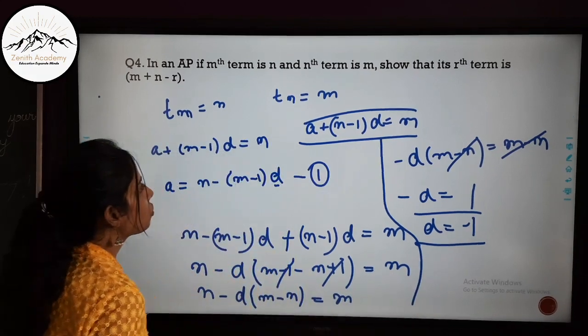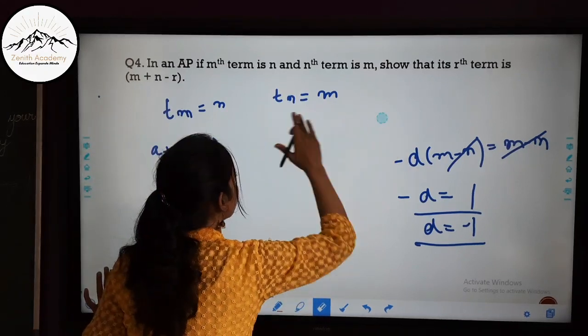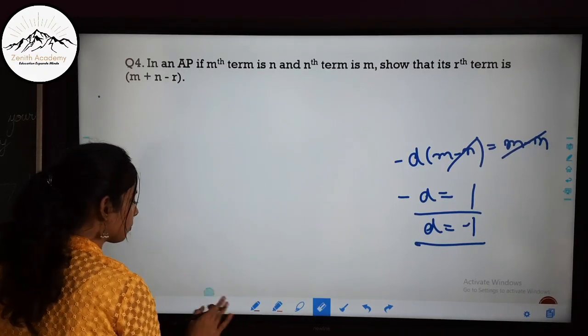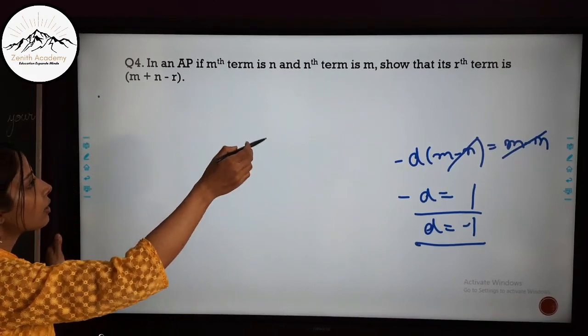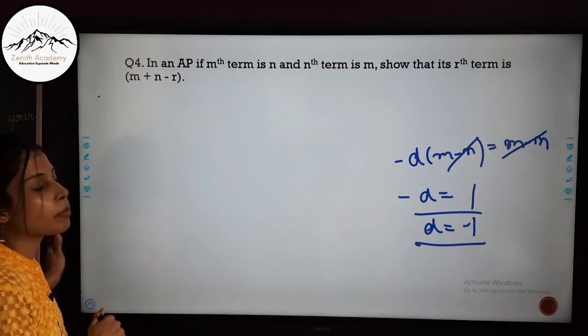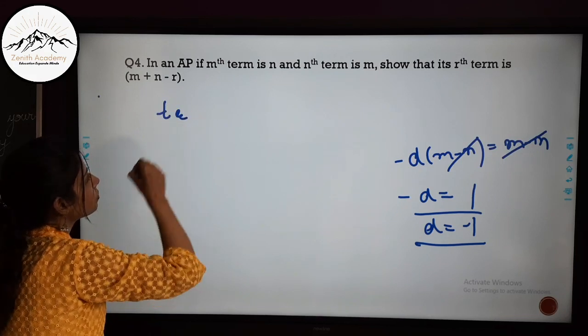Now we know d is equal to minus 1. Now we need to prove the rth term is equal to m plus n minus r. So what is the rth term?